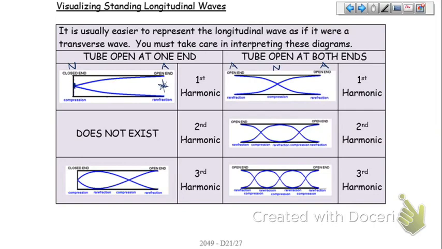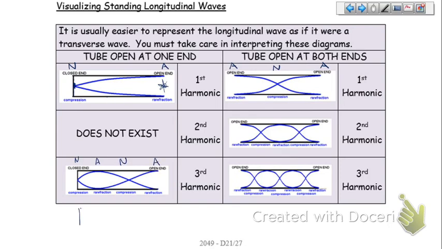It's not very interesting. You have your first harmonic, your second harmonic, your third harmonic. This is the interesting one, the one that's open at one end, because that is the first allowed pattern, and this is the second allowed pattern. Node, antinode, node, antinode.